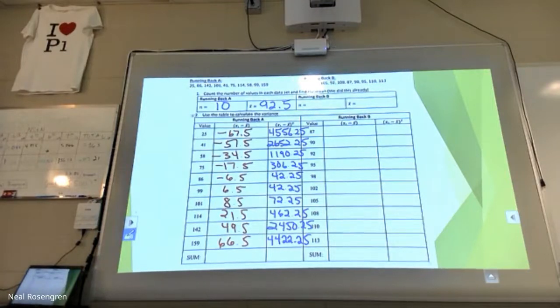So we took each number and subtracted the mean, or took the mean and subtracted it from the number. See what we got. We squared them all to make everything positive, because eventually we're going to take a square root. Now we have to add all of those together.